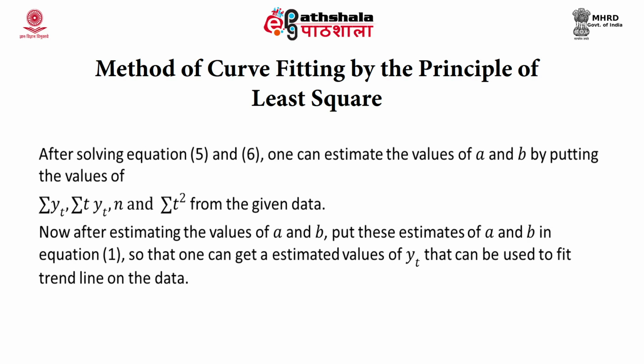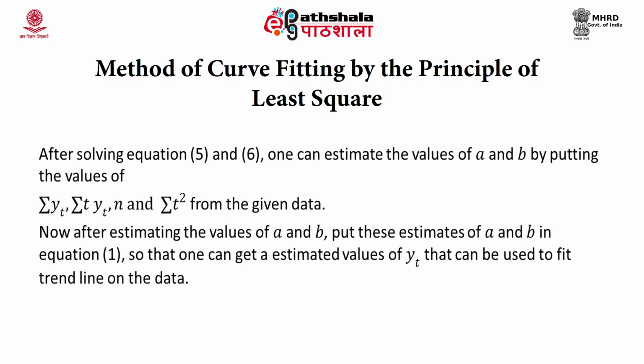So log of yt can be considered as y dash, log of a can be considered as a dash, and log of b as b dash. Then you will get the equation y dash is equal to a dash plus t times b dash. So this can be considered as a linear curve.